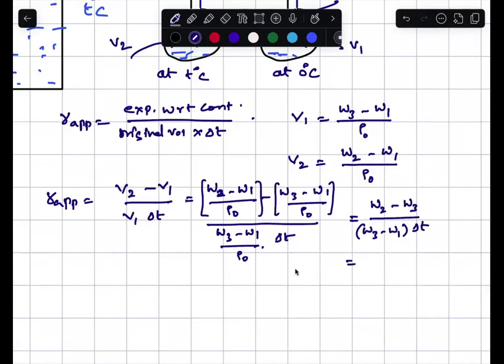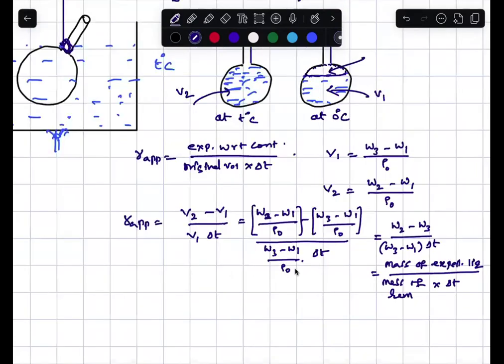What is the numerator part? Can you please explain? Mass of expelled liquid. What is W3 minus W1? Mass of remaining liquid, into rise in temperature.